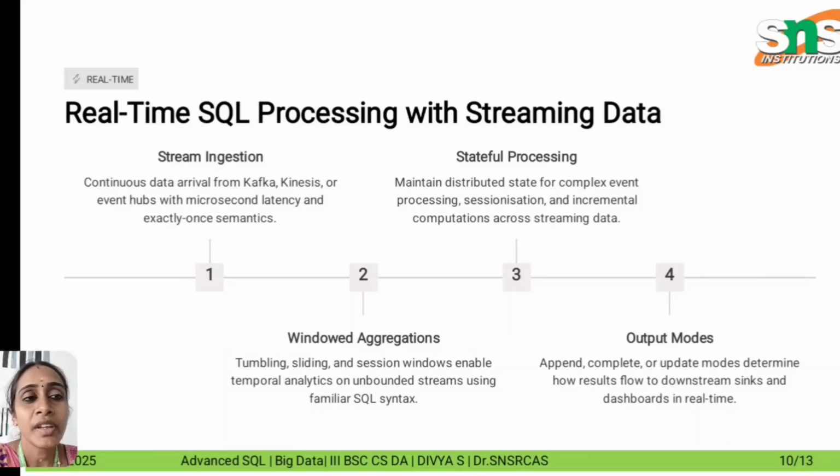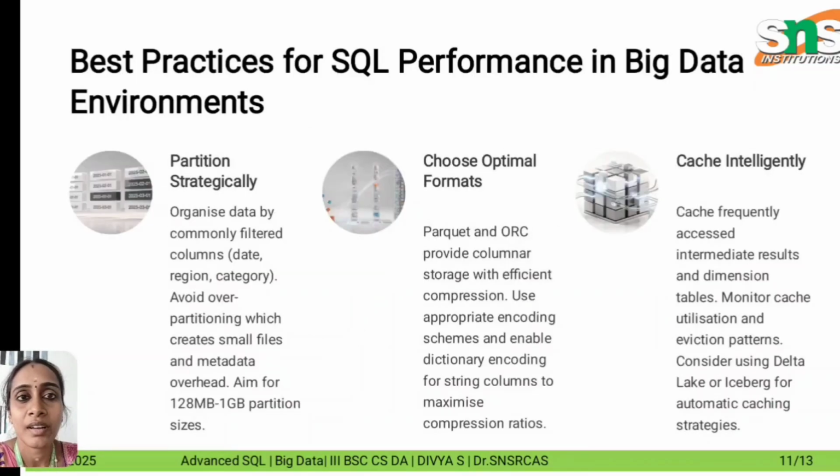Windowed aggregation and output modes: tumbling, sliding, and session windows enable temporal analytics on unbounded streams using familiar SQL syntax, where the append, complete, or update modes determine how results flow to downstream sinks and dashboards in real time.